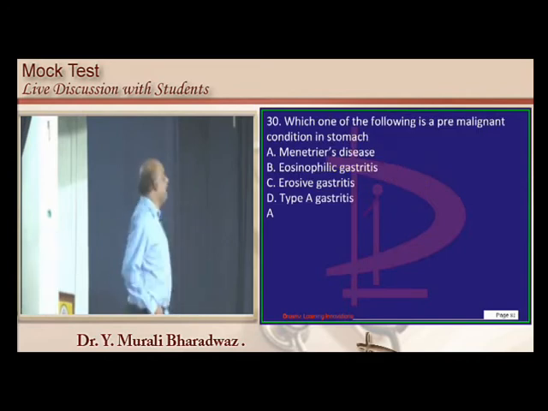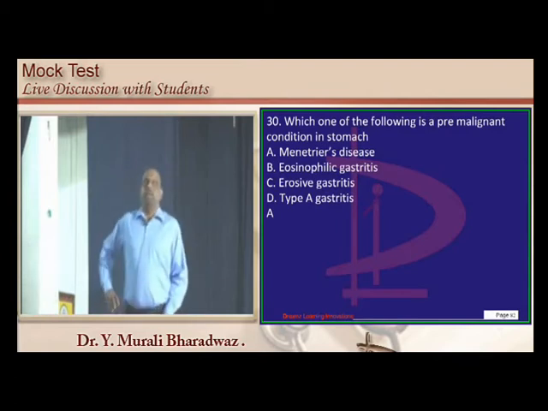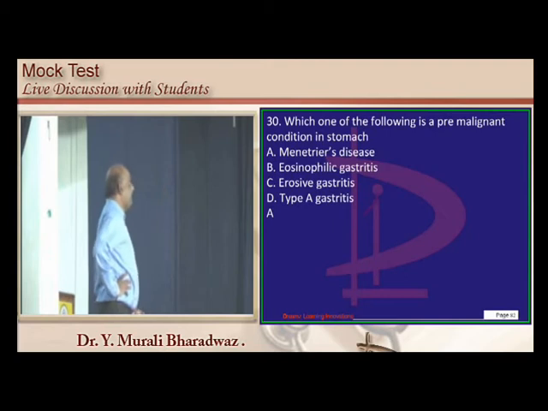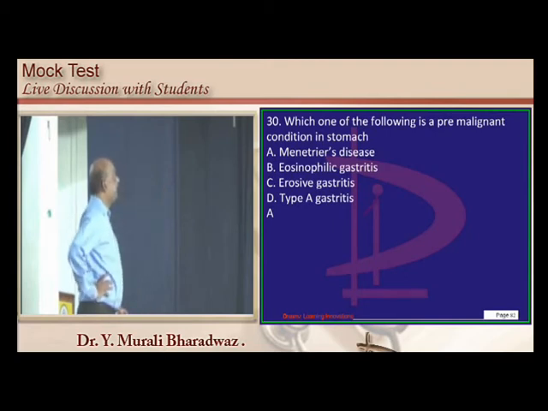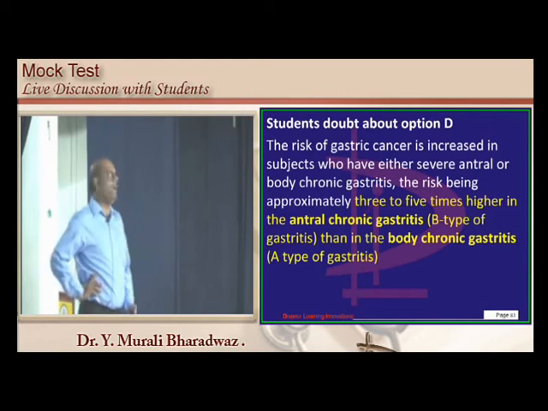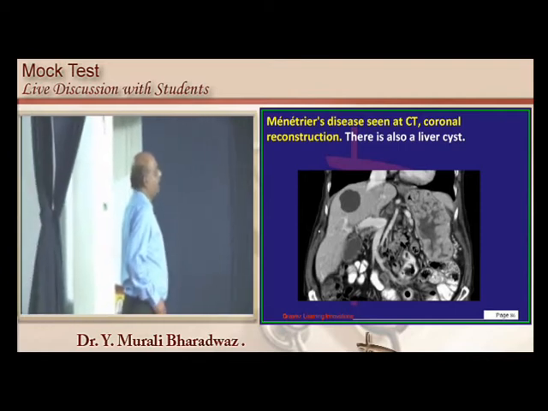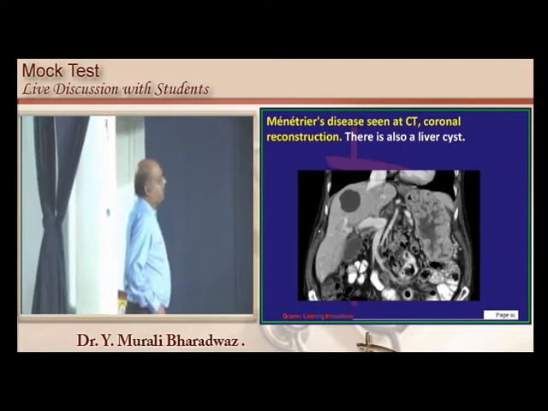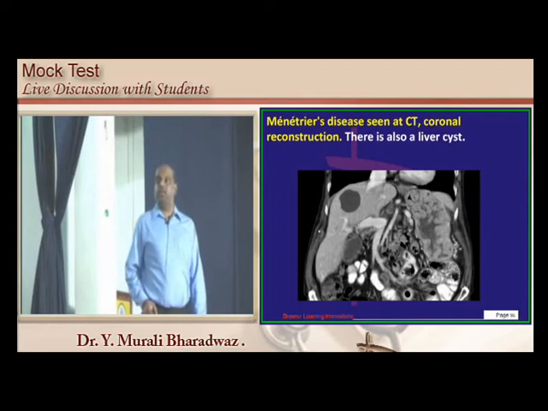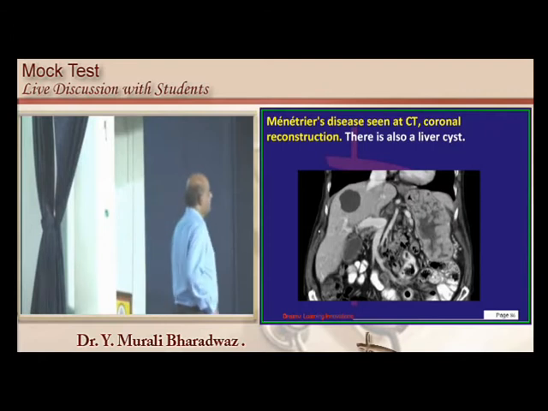Menetrier's is that hyperplastic gastropathy where protein loss, parietal cell atrophy, etc. will occur, and it is a pre-malignant condition and can lead to the development of stomach cancer at a later point of time. So these are those hypertrophied folds inside the stomach, in this typical section of the stomach on CT, in the case of Menetrier's.